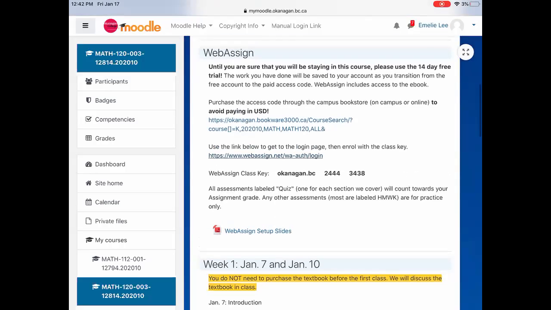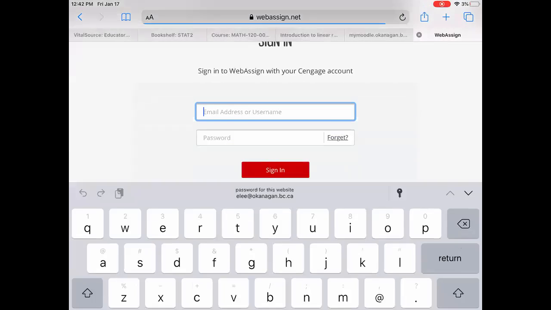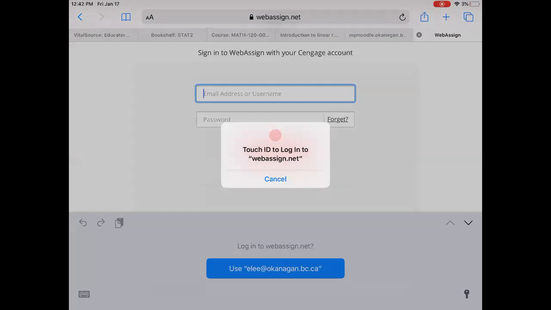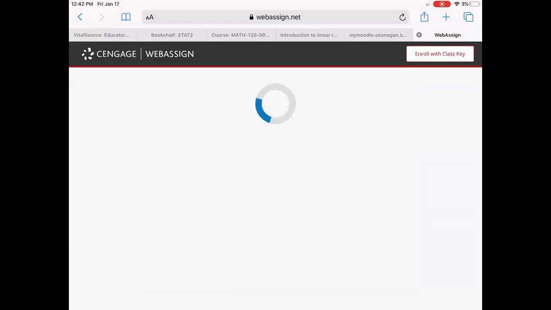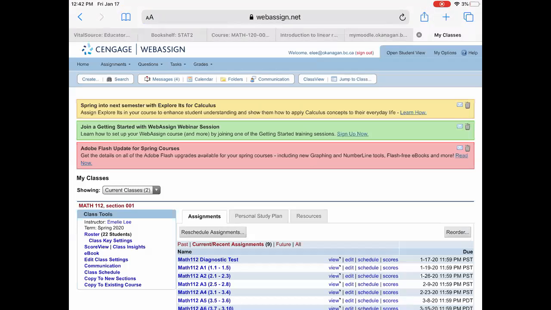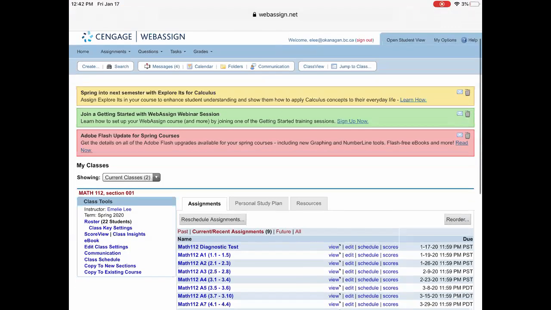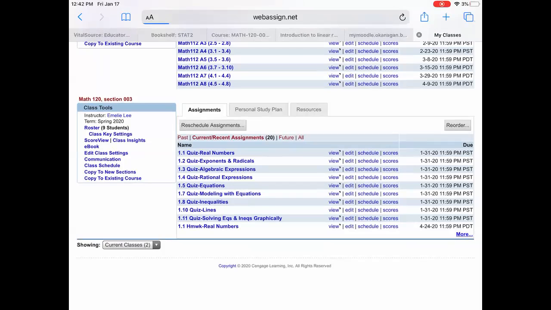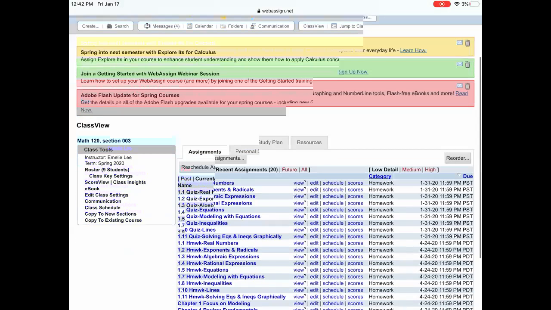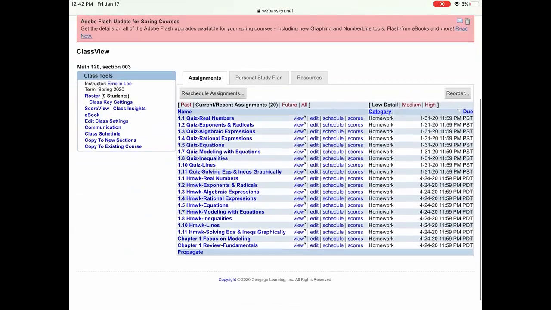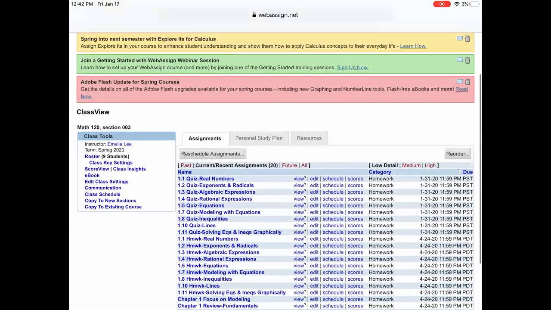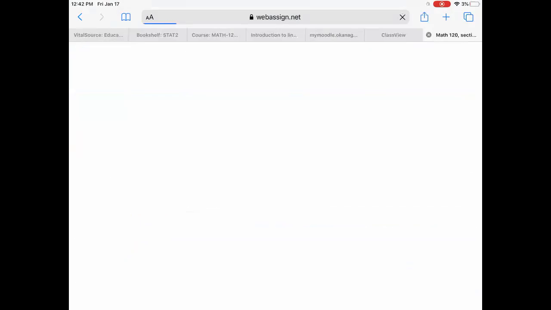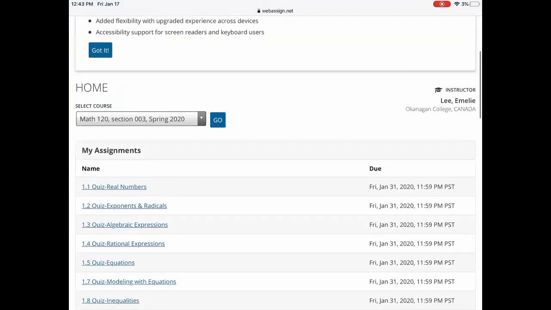And so if you go to WebAssign, there's also going to be ones called homework. Those are just for extra practice. So those are not for marks, right? And I want you to know that because they're quite a bit longer, right? So down here, looking at more. On your end, it'll look a little bit different. I guess I could go to student view. It's much nicer on your end.